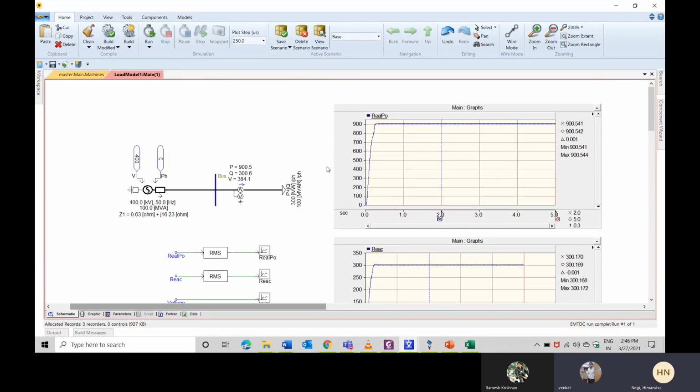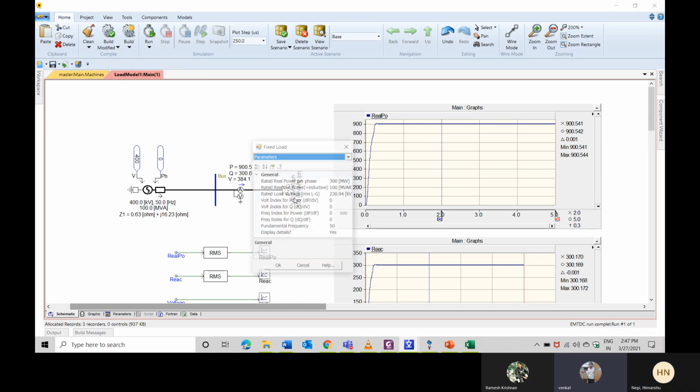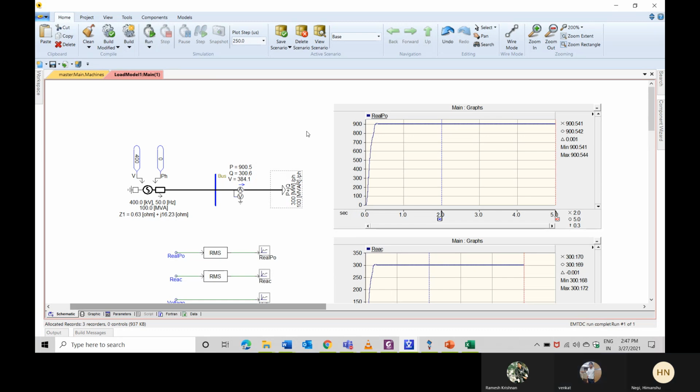Since it is a constant power load, what does it do? We multiply that factor with this power, which is 900.